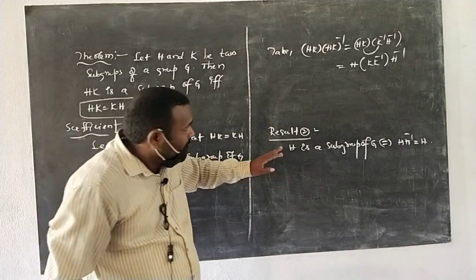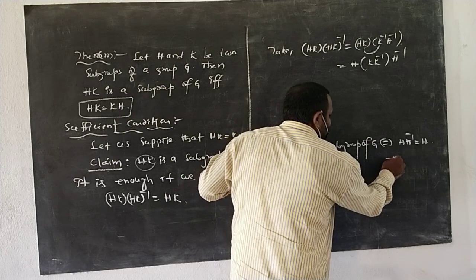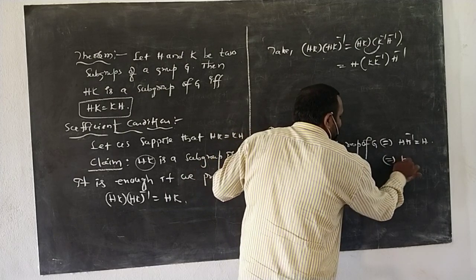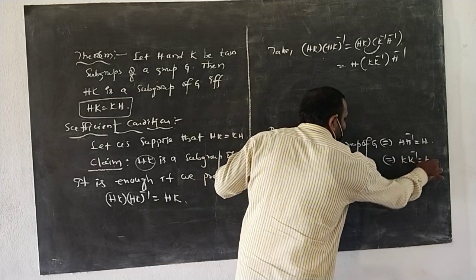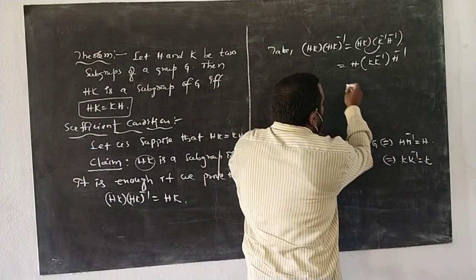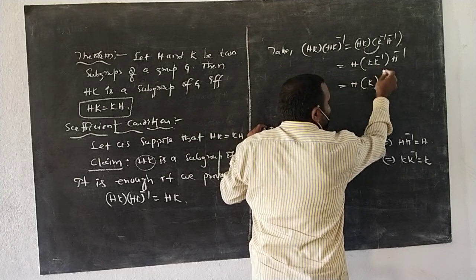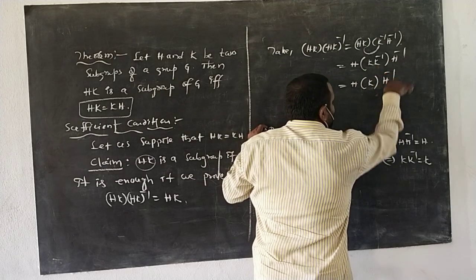K is a subgroup of G if and only if K inverse equal to K, that is what I asked you. So you can write K inverse equal to K since K is a subgroup.